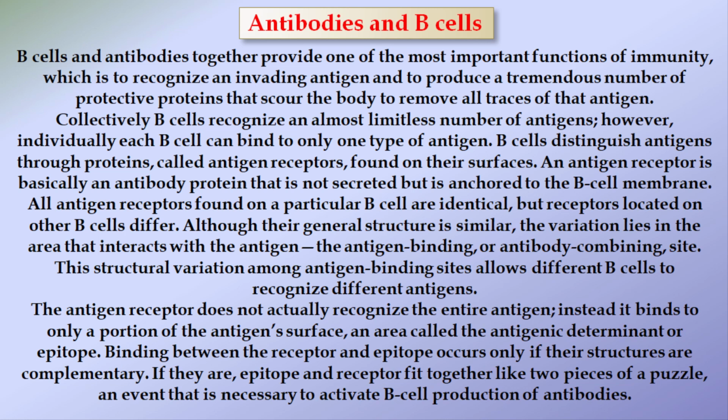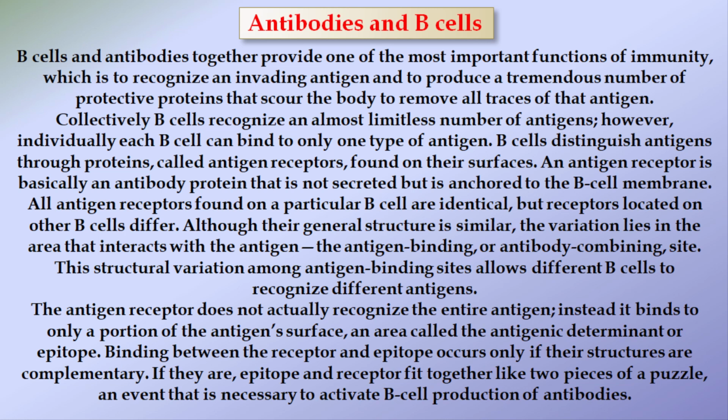B cells distinguish antigens through proteins, called antigen receptors, found on their surfaces. An antigen receptor is basically an antibody protein that is not secreted but is anchored to the B cell membrane. All antigen receptors found on a particular B cell are identical, but receptors located on other B cells differ.